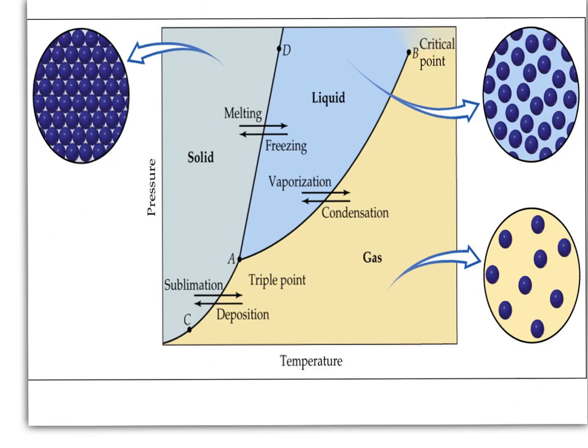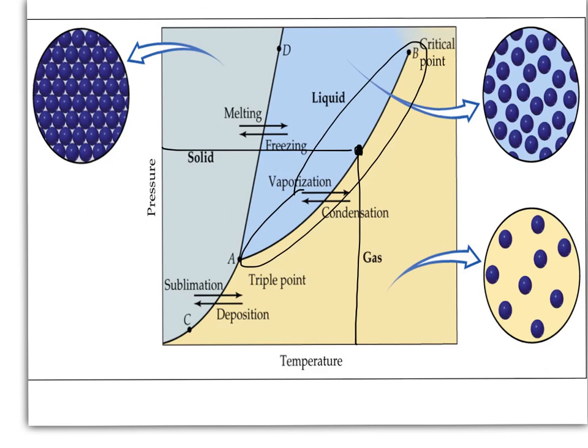We can do the same over in this area right here. If I happen to have picked this point, I could go back and record the pressure, and this time the temperature, which would be the boiling point or the condensation point of that phase change.